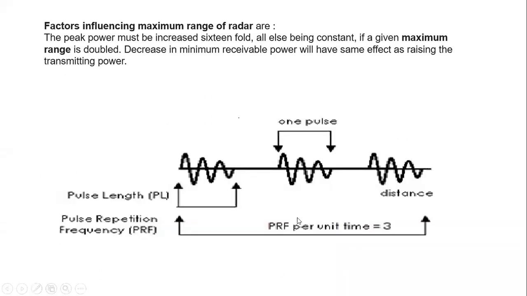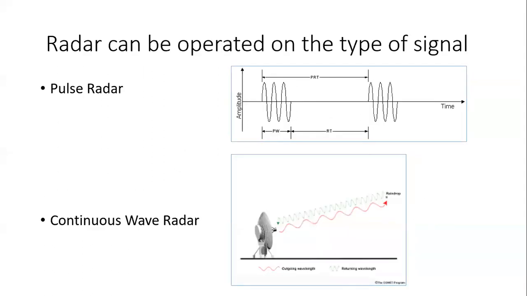Now here, when we are talking about PRF, we will be solving some questions based on how PRF will give us an idea about what frequency needs to be used, right? Then we will go ahead with what kind of pulse signals are being used. We can use this radar for pulses, as we talked about with PRF.